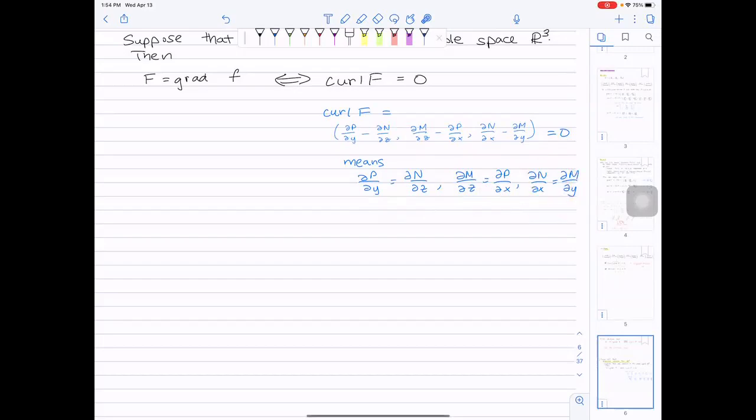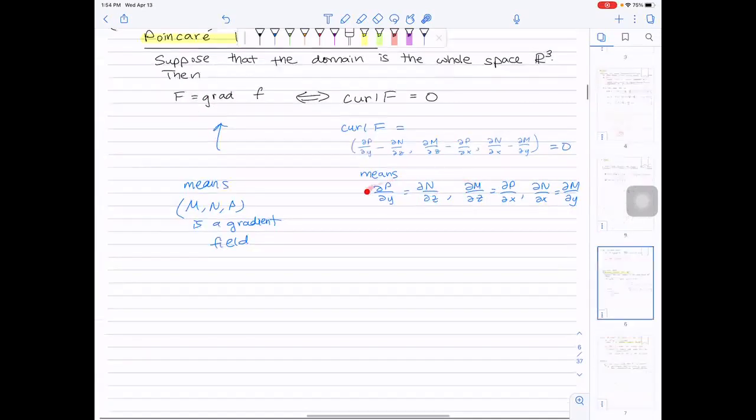Now, what does it mean for F to be a gradient? This means your function, like M, N, and P, is a gradient field. Now this should look a little bit familiar. Does this look familiar for anyone?